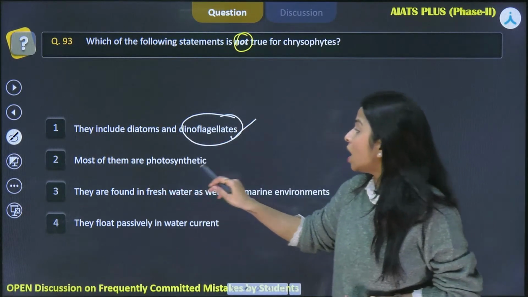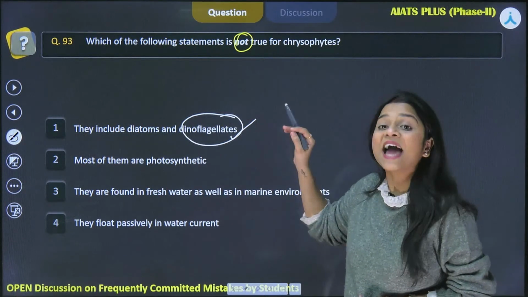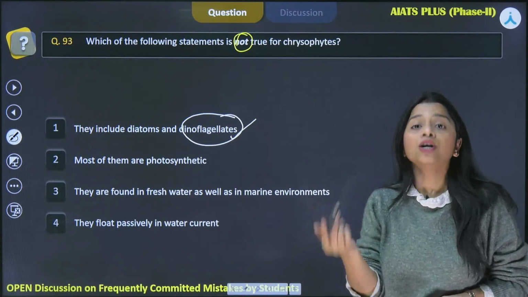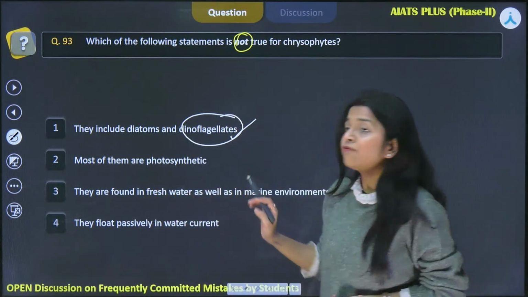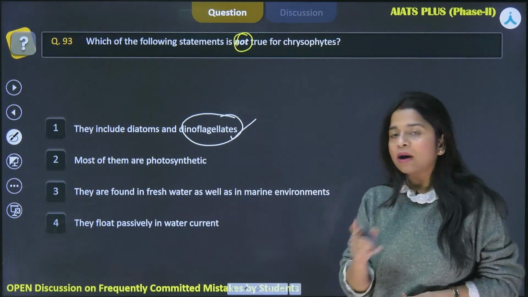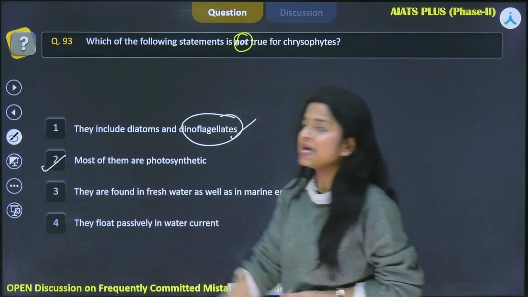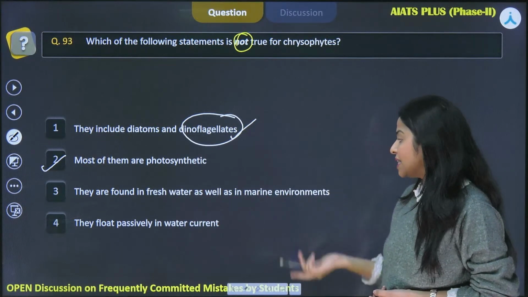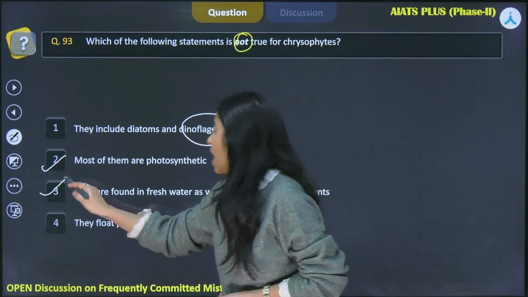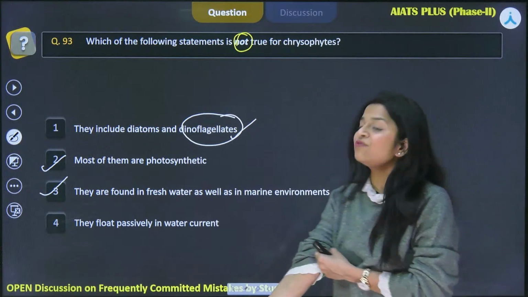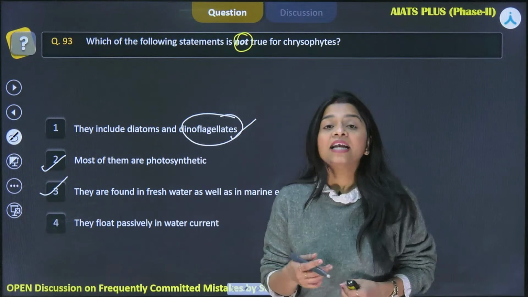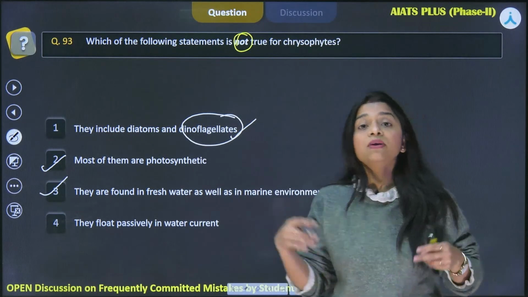Most of them are photosynthetic. Yes, I just told you about the characteristic feature of them being mostly photosynthetic. They are found in fresh water as well as in marine environments, definitely. And the last one, they float passively in water currents. Yes, they do not have flagella, and if they do not have flagella, they will be free floating.